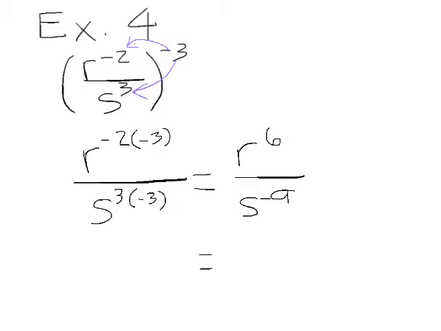Well, if I have a negative exponent, the way that I handle a negative exponent is by looking at the reciprocal of just the thing it's with. So right now, this negative 9 is only with the s. So only the s. I need the reciprocal of 1 over s. And it looks really strange, but this is how you're going to simplify this guy. It's just going to be r to the 6th. He doesn't change at all. He's finished. But now I'm going to look at s to the 9th.